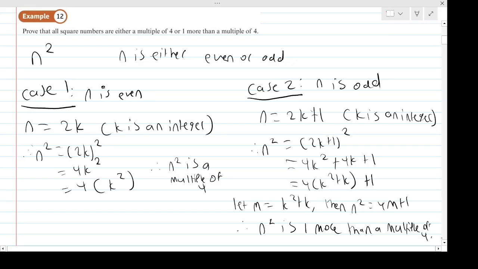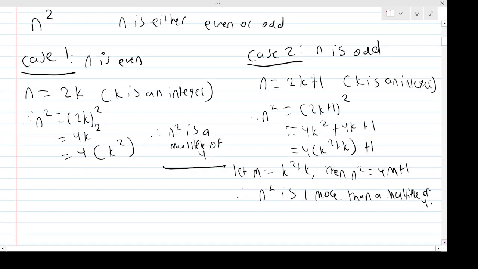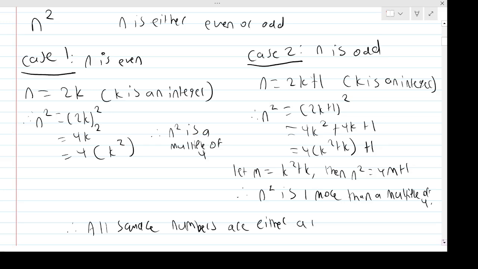So there we are then. In either case, it is a multiple of 4 or 1 more than a multiple of 4. So therefore, in general, all square numbers, n squared, are either a multiple of 4 or 1 more than a multiple of 4.